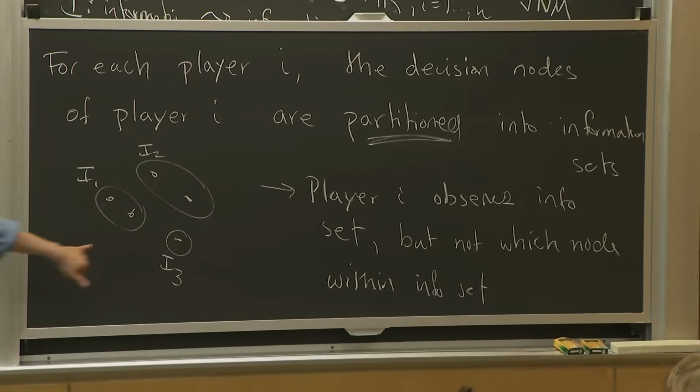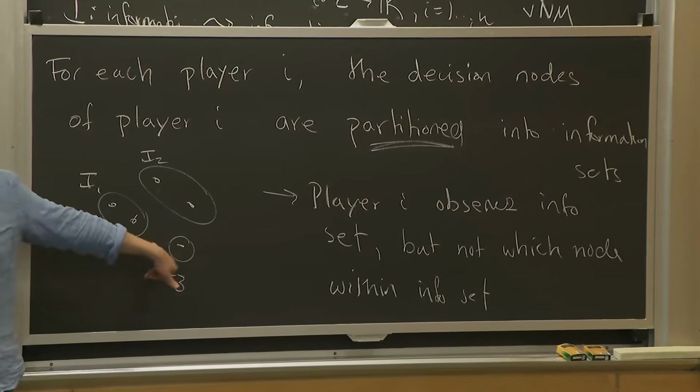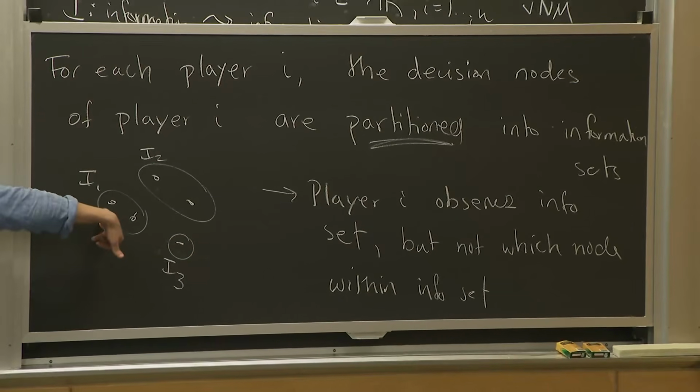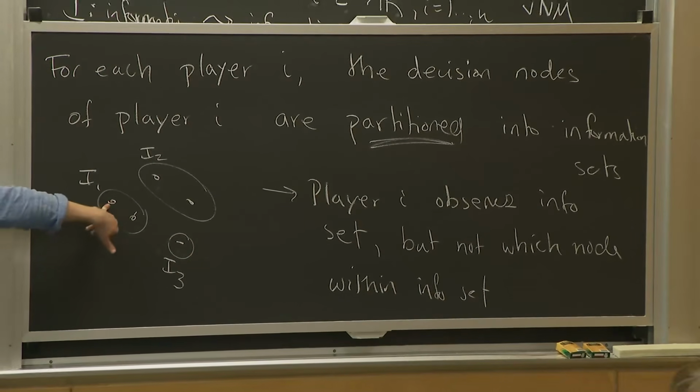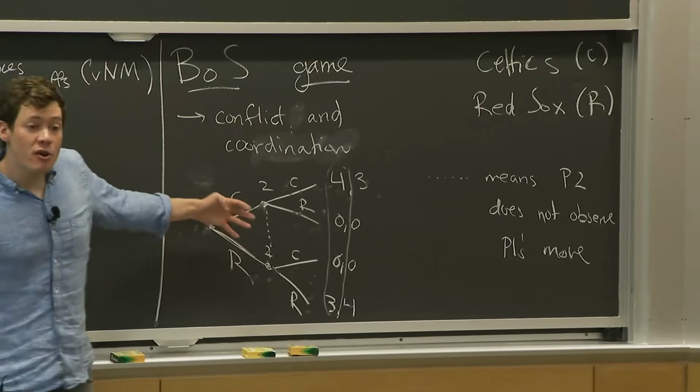Now, of course, if a node is by itself, then they effectively observe which node they're at, because if I know I'm in this information set, then I certainly know which node I'm at. But if I know only that I'm at this information set, I'm not sure whether I'm at this node or this node.